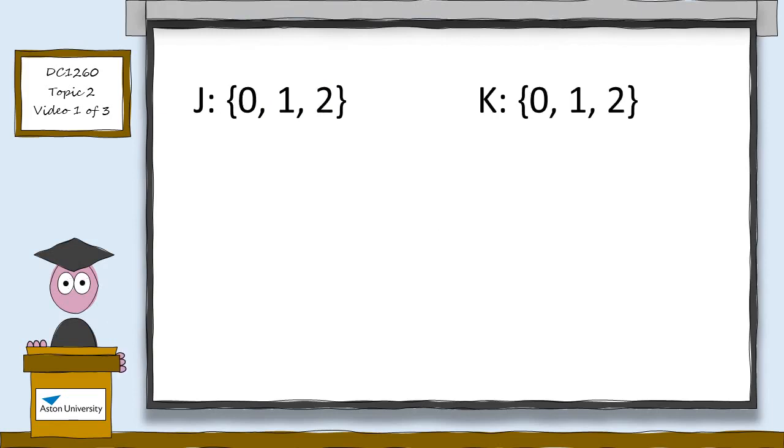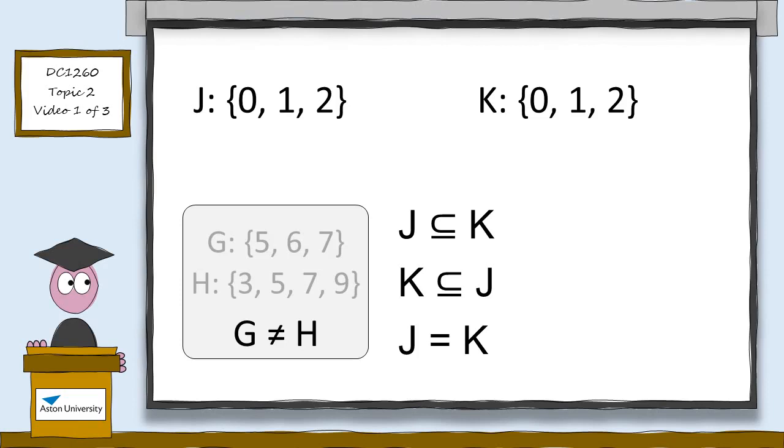What about this? Yes, set J is a subset of the identical set K. This means that K is a subset of J as well, and any set is a subset of itself. We can also say that J and K are equal, whereas G and H are not equal.